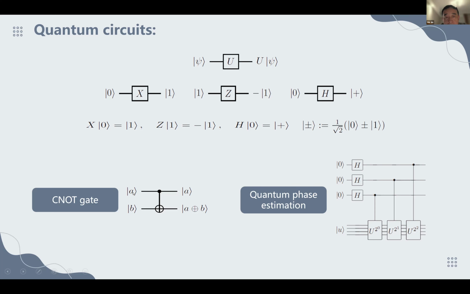So if the first qubit A is 0, the second remains unchanged; if it's 1, you add to the second bit, but the summation here is mod 2 summation. And the lower right is a famous algorithm called quantum phase estimation.